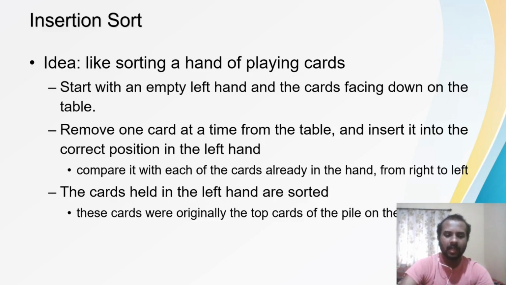If the card in my left hand is smaller, then I am going to insert the card at the end of my left hand. But if the card in my right hand is smaller, then I am going to insert the card at the beginning. This is how insertion sort is done.